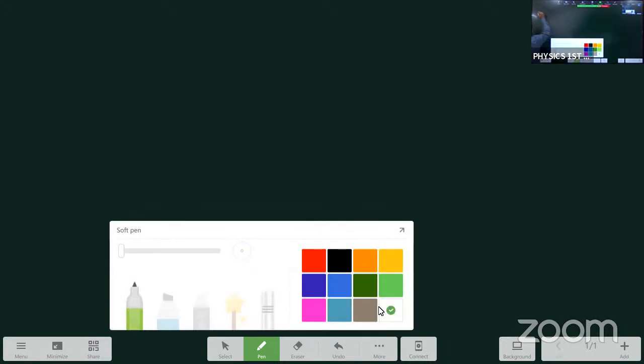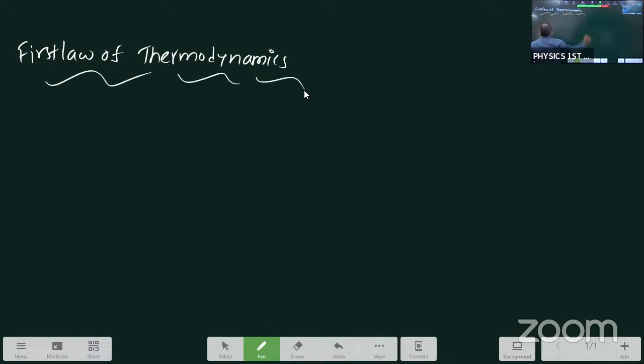State and explain the first law of thermodynamics.